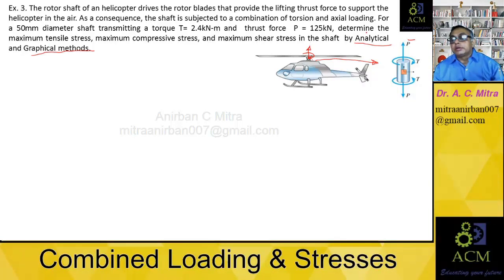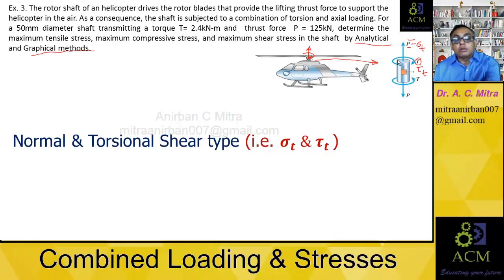I think due to this tensile force, there are some tensile stresses produced, which is normal type of stresses, and due to this torque, there are some torsional shear stresses produced. So it will be the shear type of stresses. So basically it will be a combination of the normal and torsional shear type of problem.